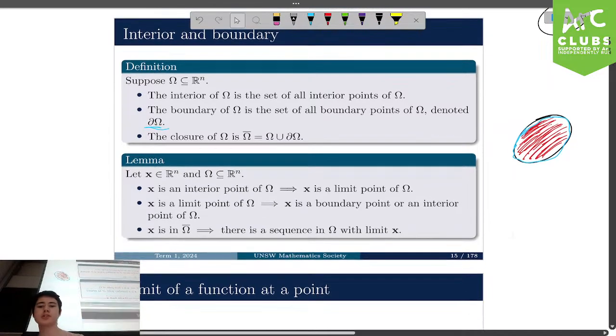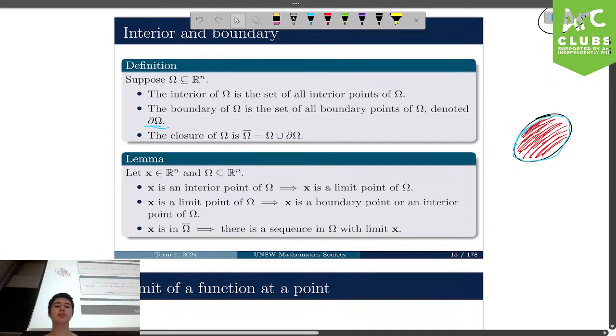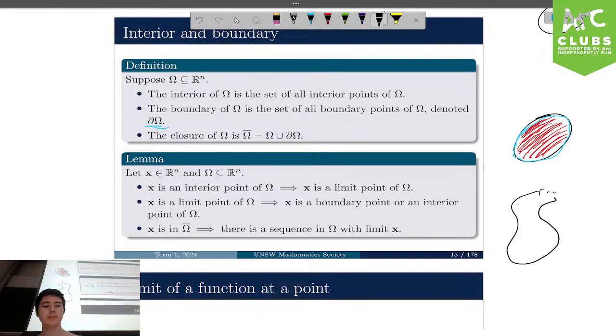So moving forwards, we talk about the closure. The closure is some set where, if we have, let's take this set for example, okay? It has a boundary, but it's also got this little bit on the right-hand side which is open, okay? So you can almost call it the union of an open and a closed set, which is not entirely both.